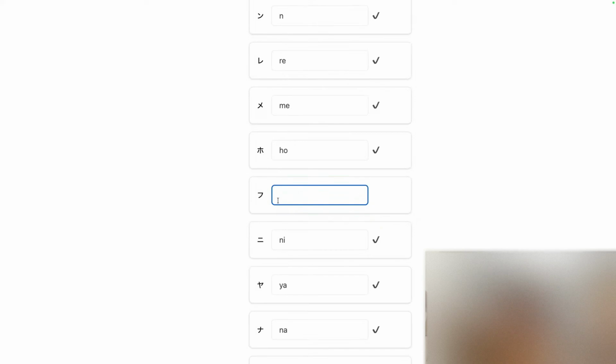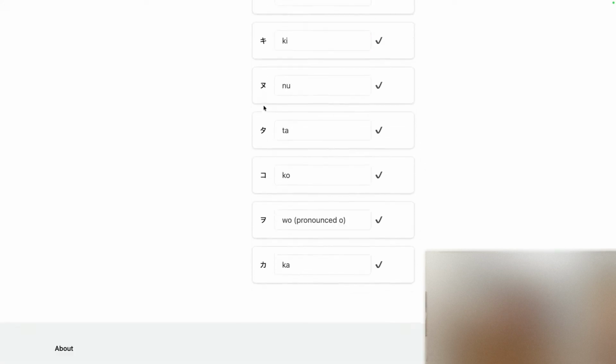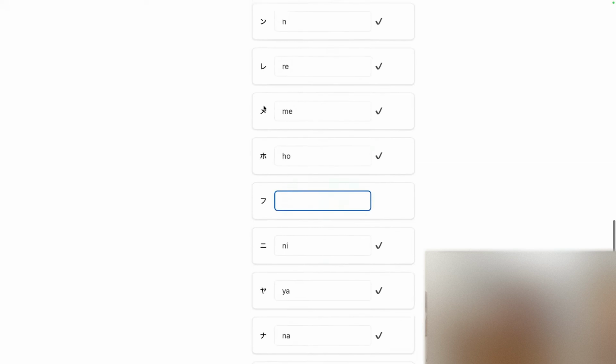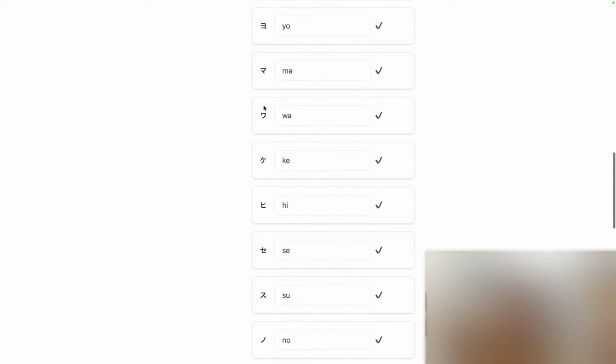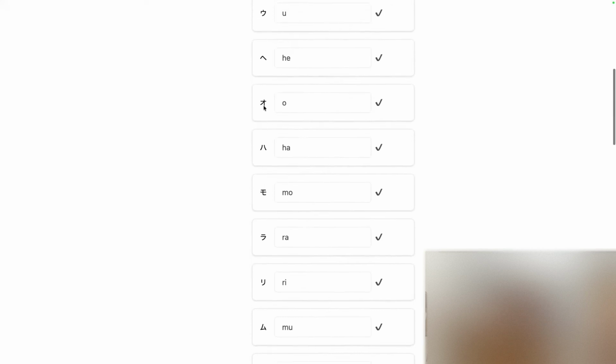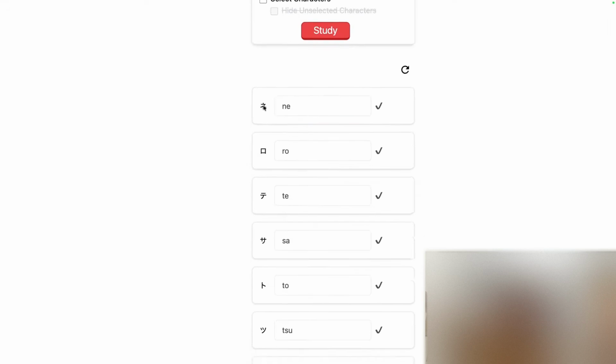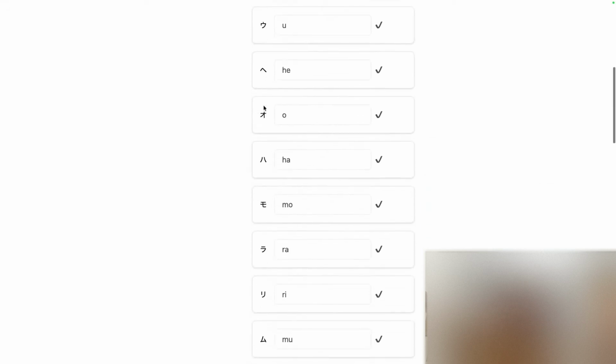My next guess is that it's... I feel like I might be in the cluster with the R's, you know? It's not ri, it's not ru. It's not re. So I think this definitely starts with an R. So I think it's ru.